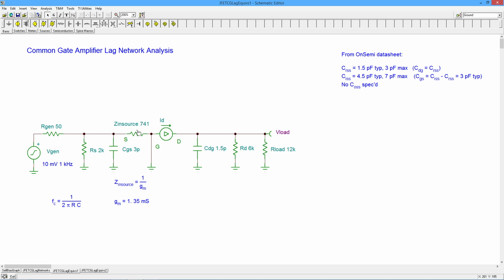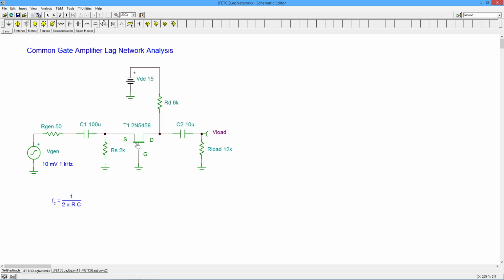The other question is, what do we have for the capacitors? All right, so when we look at this, remember there's 3 caps, right? Internal parasitic capacitors. There's basically one that goes from gate to source, there's one that goes from gate to drain, and there's one that goes from drain to source. The drain to source capacitance is usually small enough to ignore. So all we really have to worry about is the CGS and the CDG over here, right?